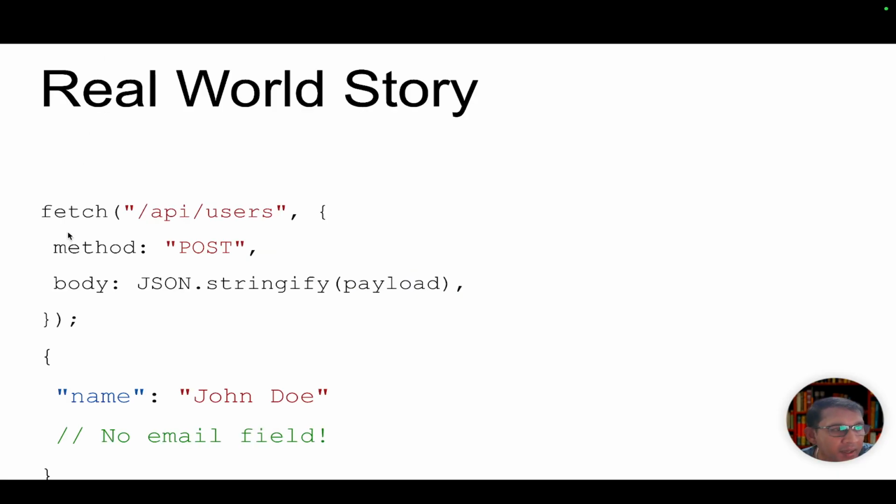A couple of months later, when John tried to reset his password, the reset email never came. Support escalated to engineering, and the bug took hours to track down because it was silent data corruption. This isn't an edge case, it's the predictable result of choosing convenience over safety.